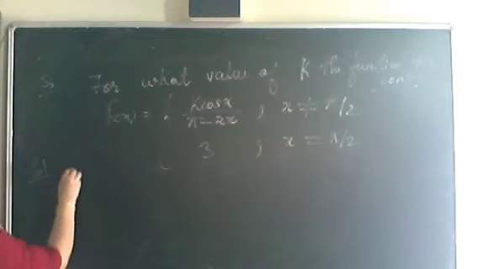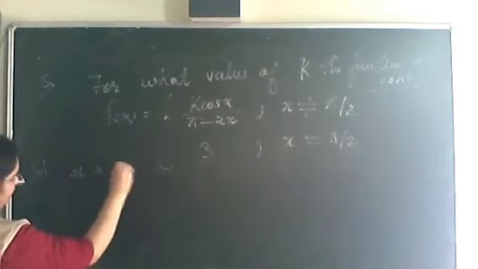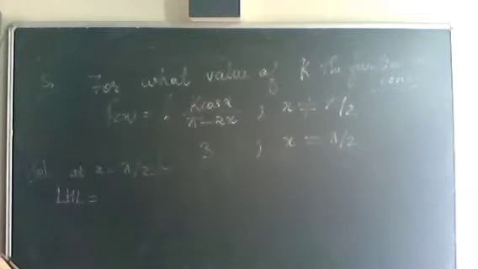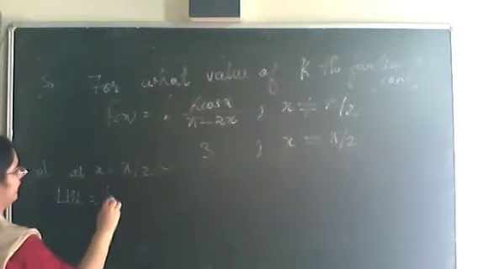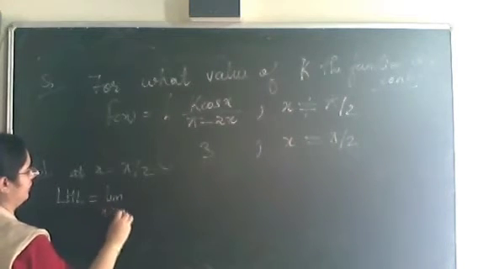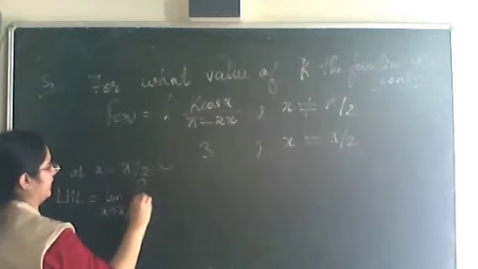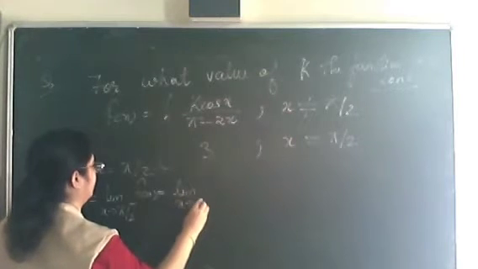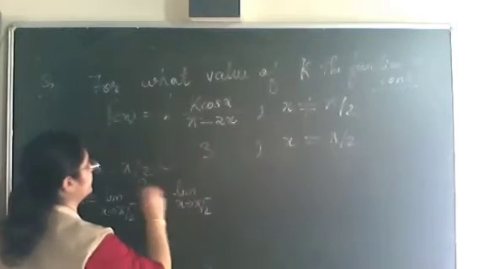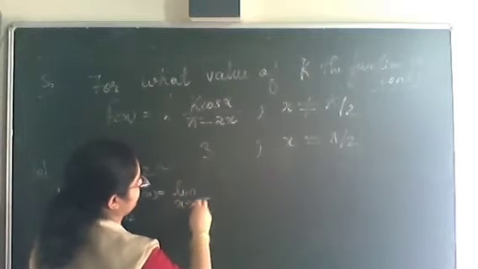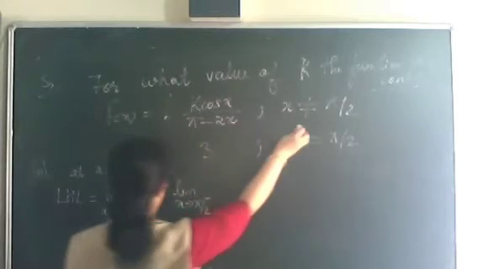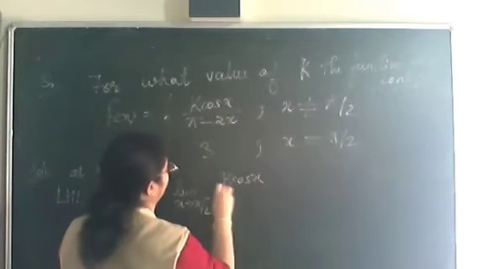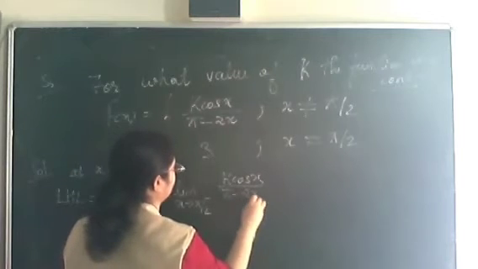We'll take first at x is equal to pi by 2, we'll find the left hand limit, LHL, which is equal to limit x tending to pi by 2 minus f(x). When it is less than pi by 2, the value of the function is k cos x upon pi minus 2x.